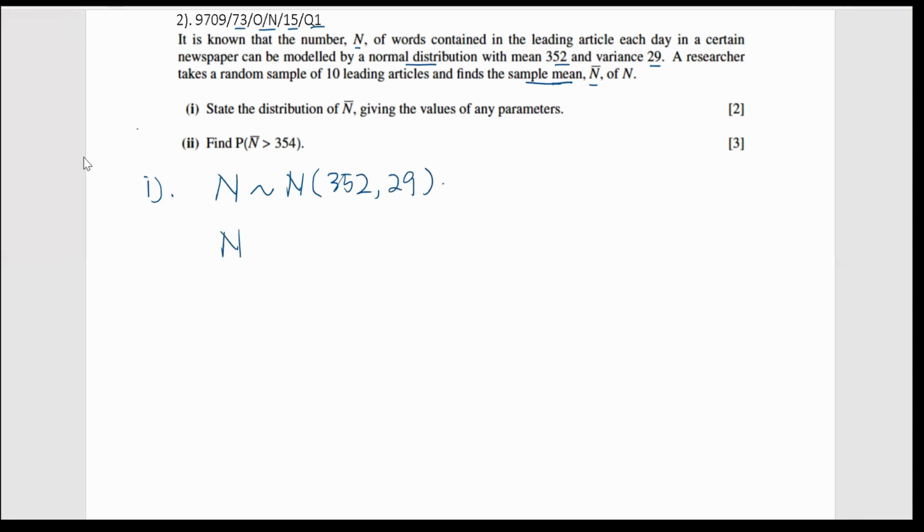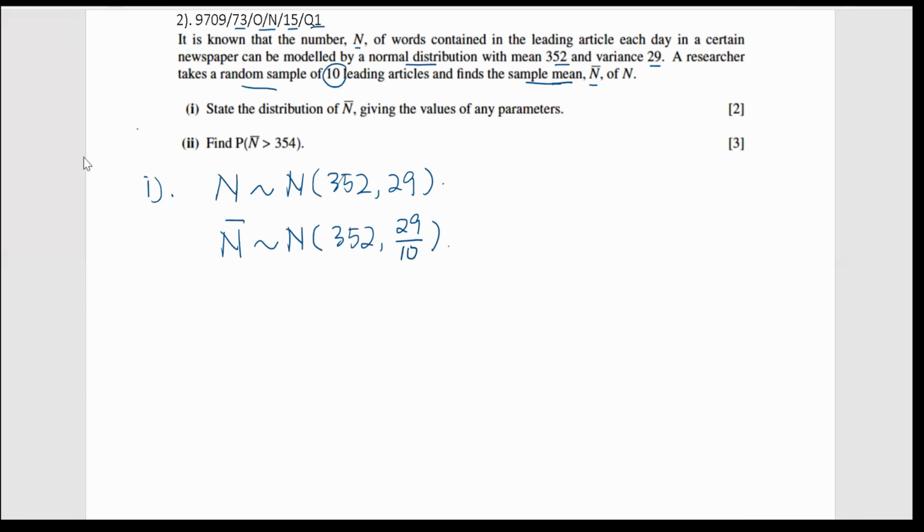Hence, the sample mean, the N bar, is going to be a normal distribution as well with the mean 352, but the variance will be divided by the sample size, a random sample of 10, so divided by 10.